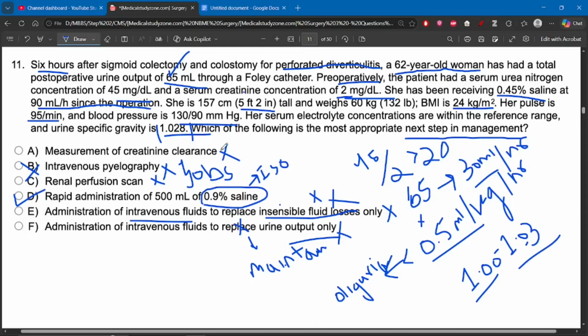But whenever there's a question of dehydration or depletion of extravascular volume, you go for the isotonic solution only. Now, is this right? Rapid administration doesn't really matter because this part is correct, okay? And you don't need to second guess yourself. You need to understand that isotonic solution is where it's at. This is the management, for every dehydration case, for a depletion of extravascular volume case. So this is the correct answer.